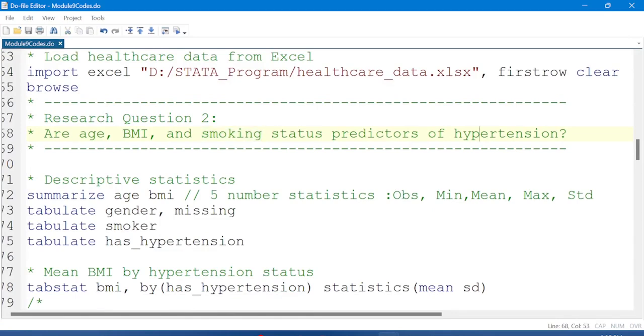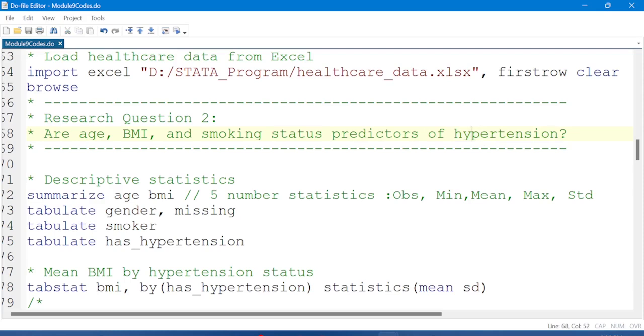Now we realize that hypertension will be our dependent variable, and it is a binary variable. With binary variables, the only applicable model here will be a logistic regression.